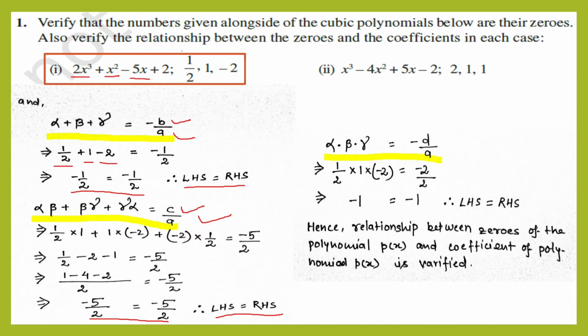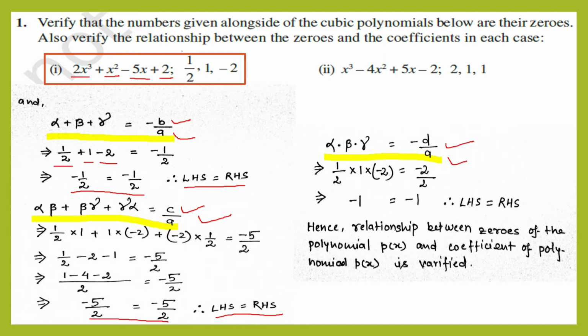In the third relationship, we'll put the values of alpha, beta, gamma, d and a in the respective places in the given relationship. The value of d is the constant term in the given polynomial, that is 2, and value of a is the coefficient of x cube.